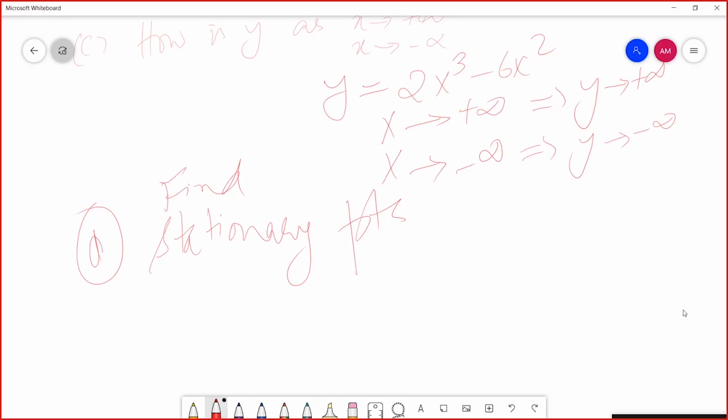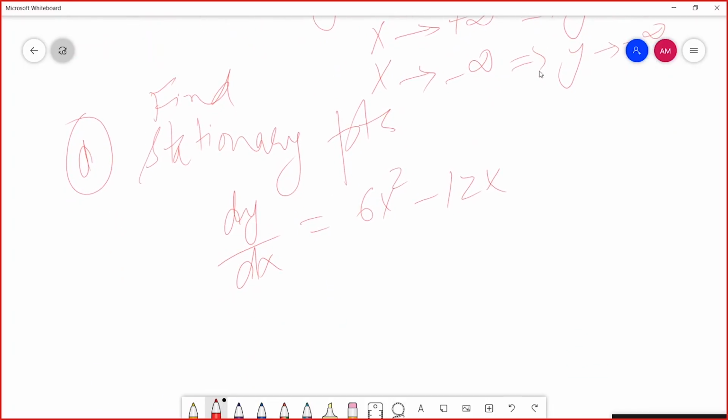We first find dy by dx. So what is dy upon dx? dy by dx is 6x squared minus 12x, and we should put it equal to 0. Can you help me to solve this?